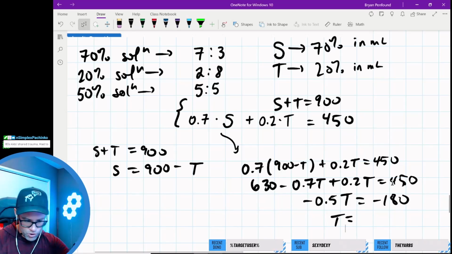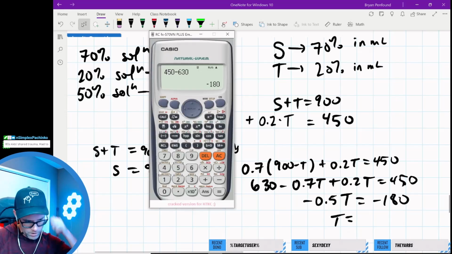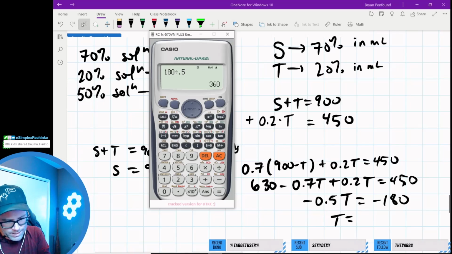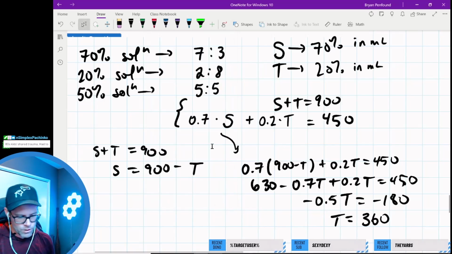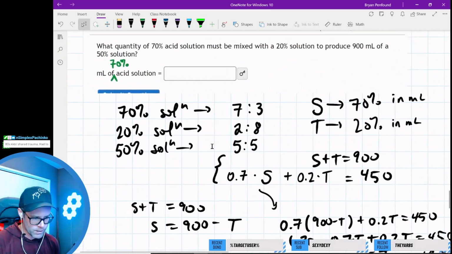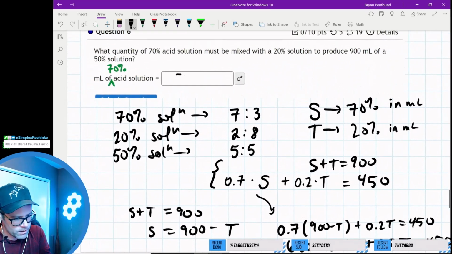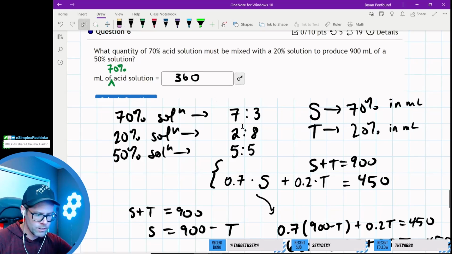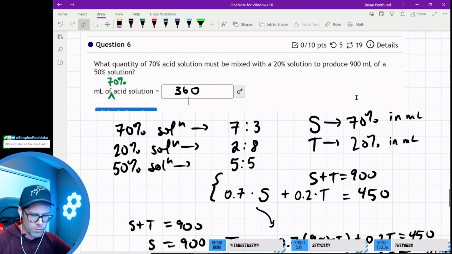So this should divide nicely, I hope. So let's go 180 divided by 0.5, and that gives us 360. So we need 360 milliliters of the 70% acid solution in order to get the 900 milliliters of the 50% solution that we want.